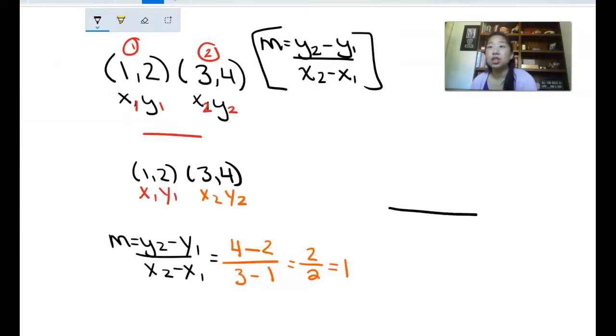And if I just drew as clean of a graph as I can make it, freehand here, if I graph these 2 points, my slope should be 1. So my first set is 1 comma 2, so there's my first point, and then my second point is 3 comma 4.